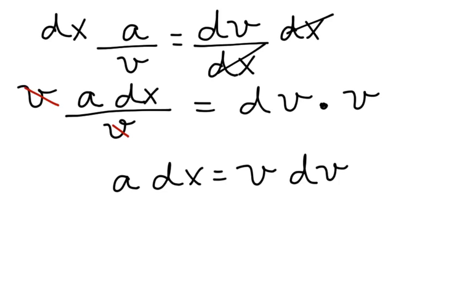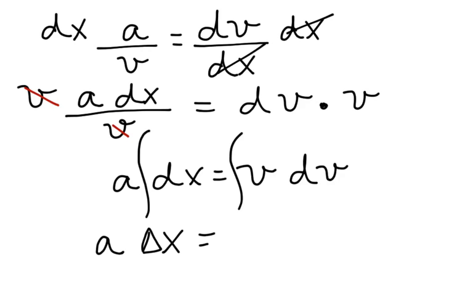Now in this case, when we integrate, we're going to keep a as our constant. That will stay out in the front. And what I'm going to get when I integrate this, I'm going to get a delta x on the left side, and on the right side, I'm going to get 1/2 v squared.